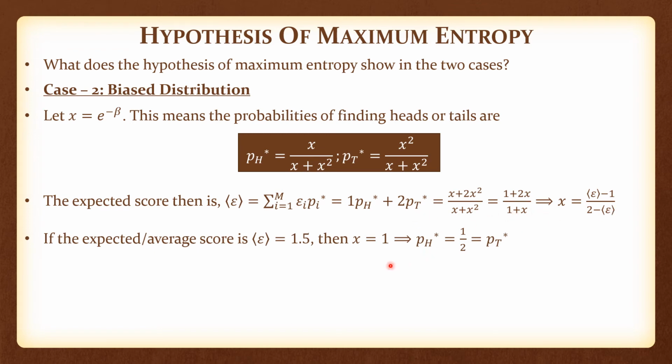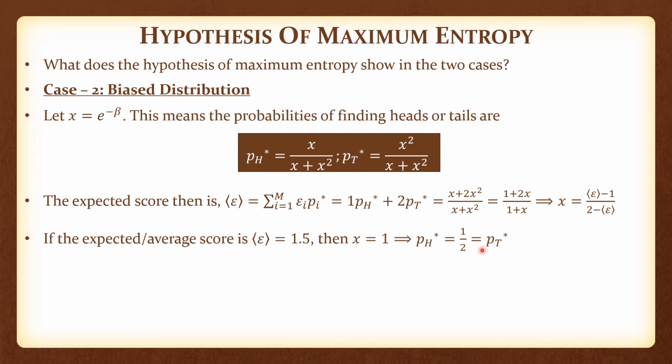Now let us see what happens if your average score is 1.5, which is the unbiased case. You can get 1 or 2 equally likely, so the average score is 1 plus 2 by 2, which is 1.5. If we substitute this, you get 1.5 minus 1, which is half, divided by 2 minus 1.5, which is also half. So half by half is 1, so x is 1. Then this is 1 by 1 plus 1, this is half, and this is also half.